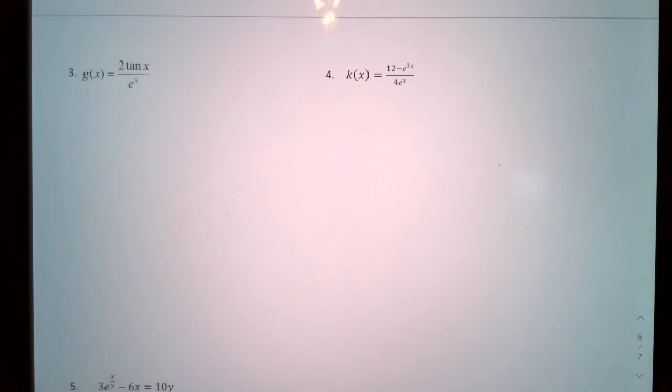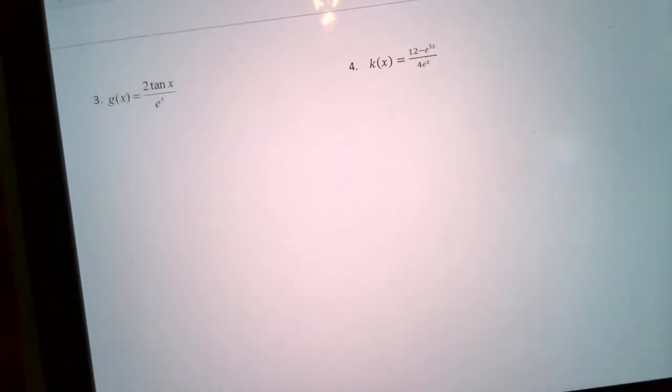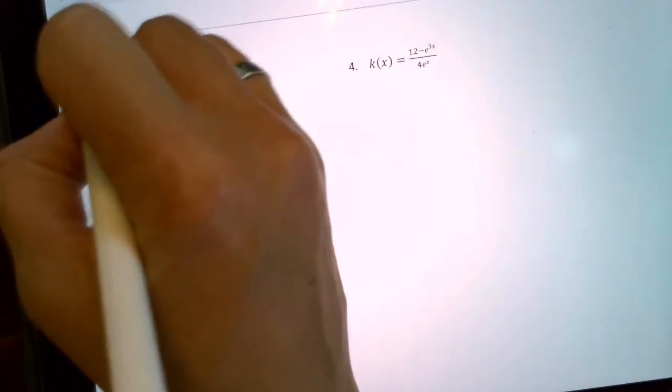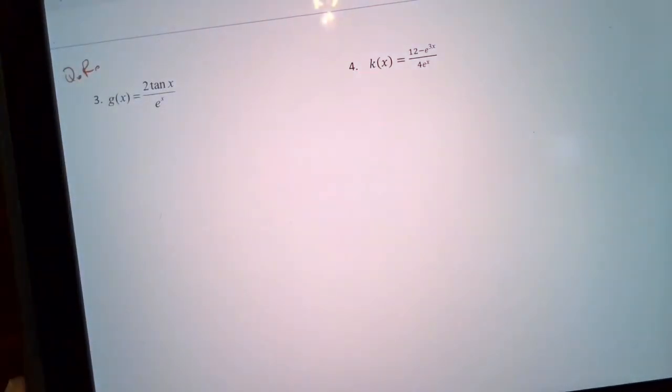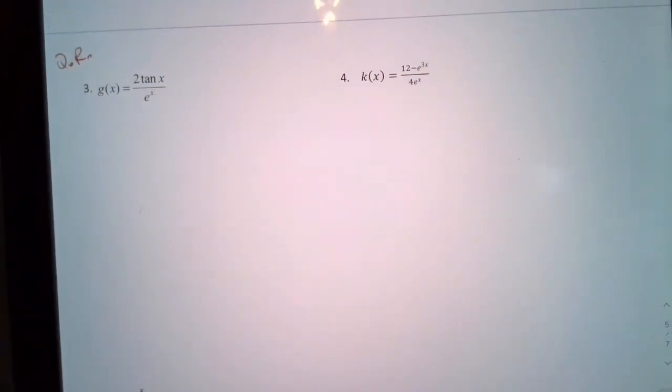And so we're just playing around with a couple of things that on a situation like question number 3, you do have some options. I'm not opposed to the quotient rule, so I'm going to use the quotient rule on this. QR for quotient rule. And let's get in here and do that.